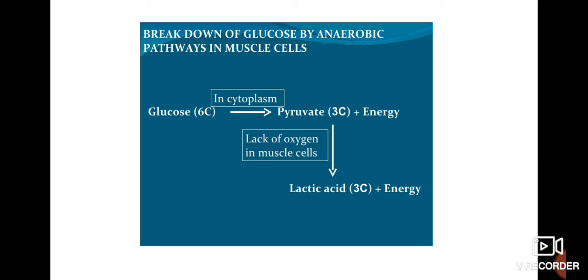So the glucose present in the cytoplasm will first be broken down to produce pyruvate and ATP. This pyruvate remains within the cytoplasm only, and due to the lack of oxygen, it will start producing lactic acid. This lactic acid keeps on accumulating within the muscle cell, and the person suffers from muscle cramps.